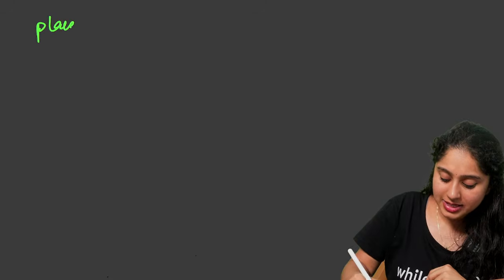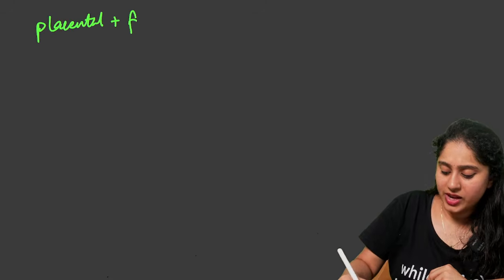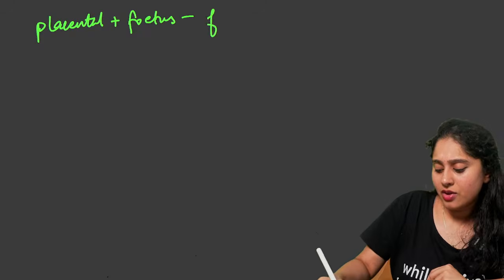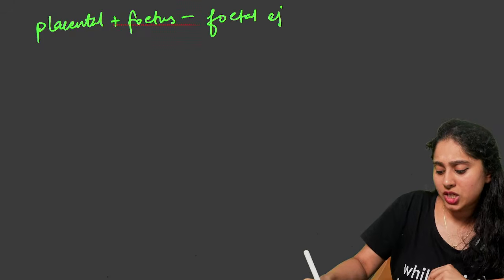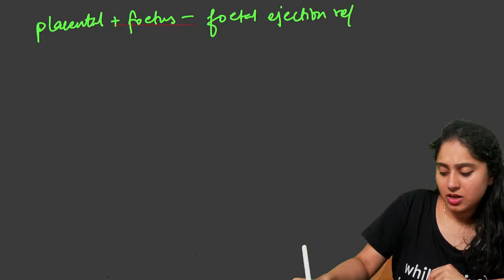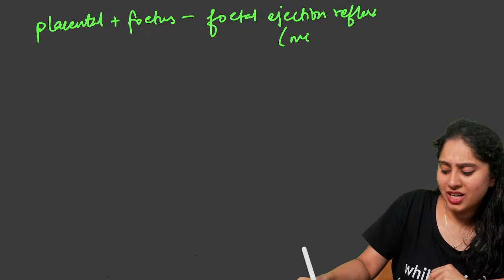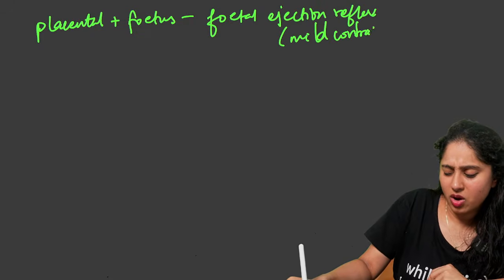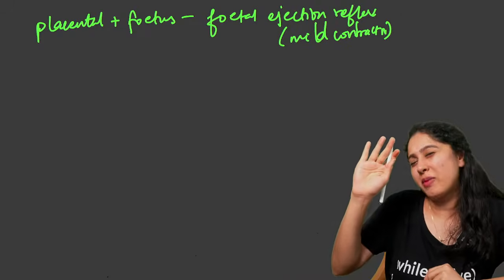Now once the baby has fully developed, the placenta plus the fetus will send out a fetal ejection reflex, which is nothing but mild contractions. Some small contractions it will release to tell that, okay mom, I'm ready.